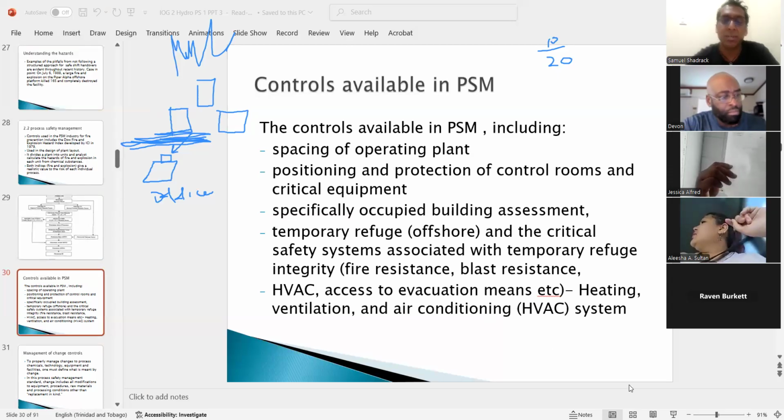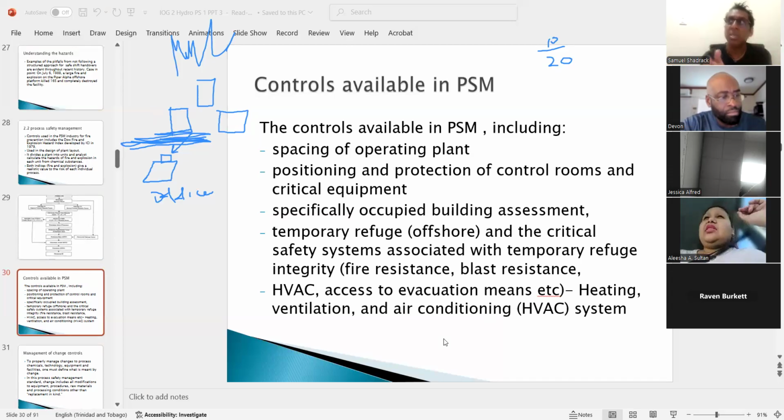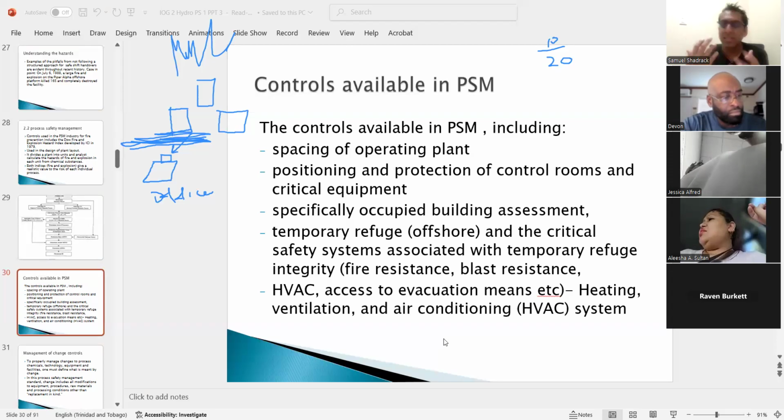Other than HVAC, which is what was on your syllabus, I was thinking more of things like sprinkler systems and relief panels. A relief panel, a blast panel, is meant to blow out in the event of an explosion, but HVAC is the one I saw on the syllabus, so that's the one I put there, right?